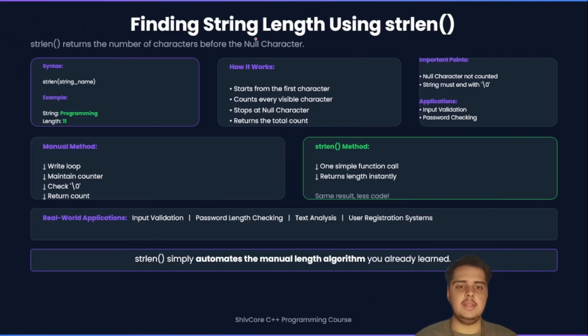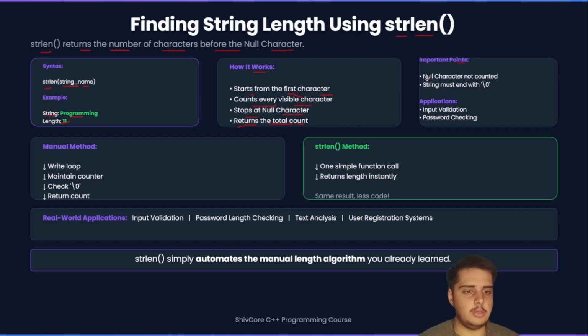Finding string length using strlen. strlen returns the number of characters before the null character. The syntax is strlen and then the string name. If I say the string programming, it gives the output 11 as its length. How this works is that it starts from the first character, counts every visible character, stops at the null character and returns the total count.